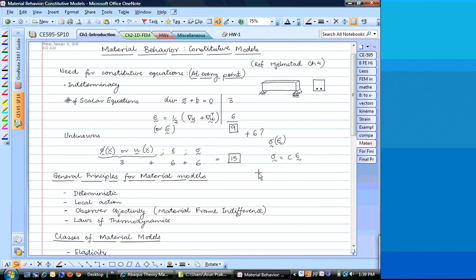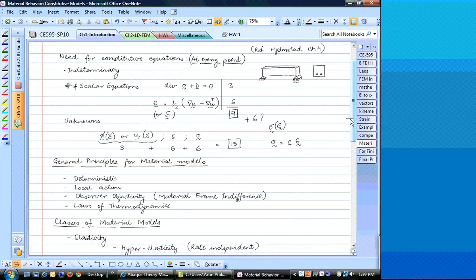This relationship is not as simple as I just stated it, but we'll take a look at how this gets modified under different types of theories.